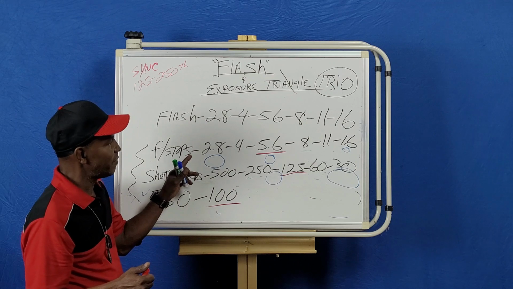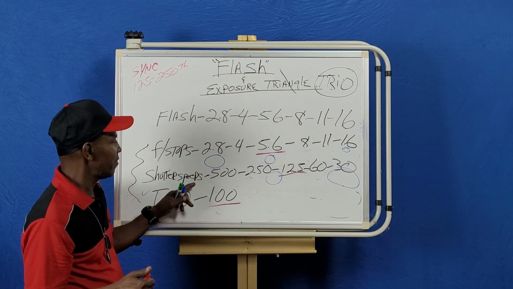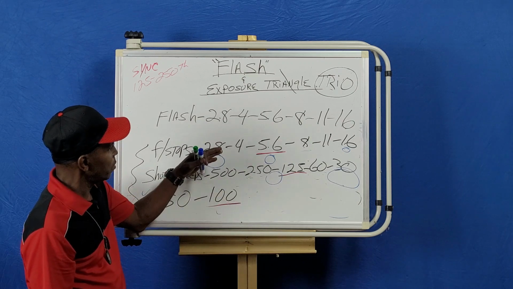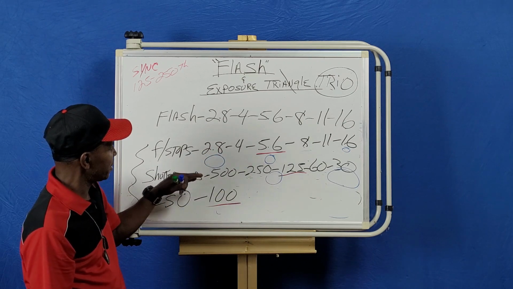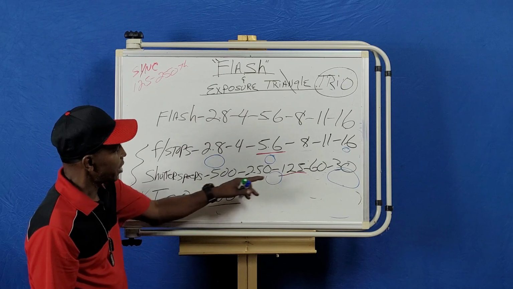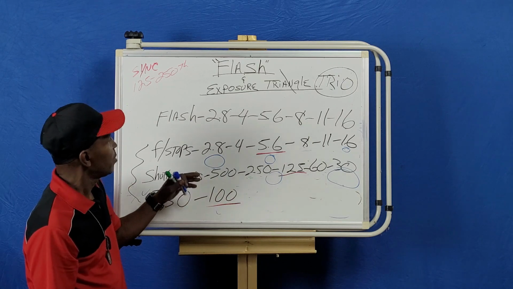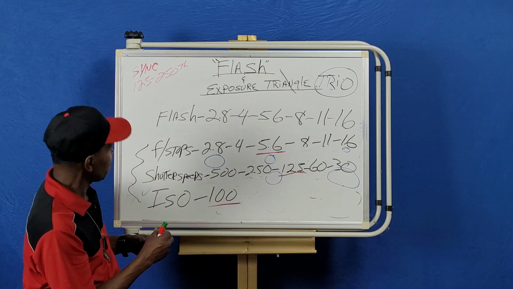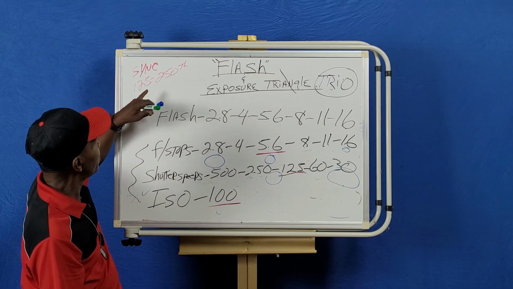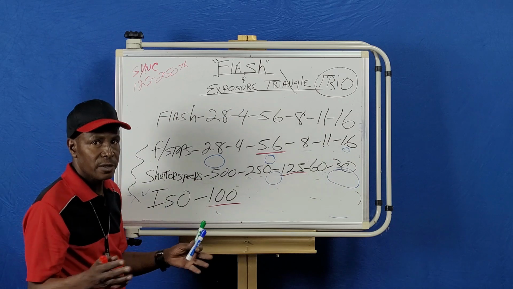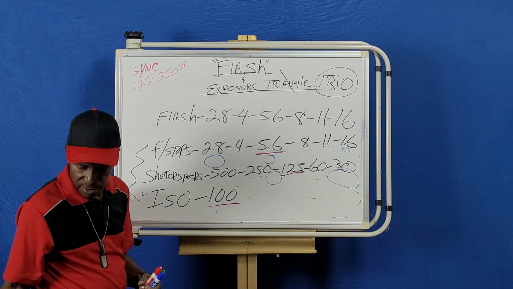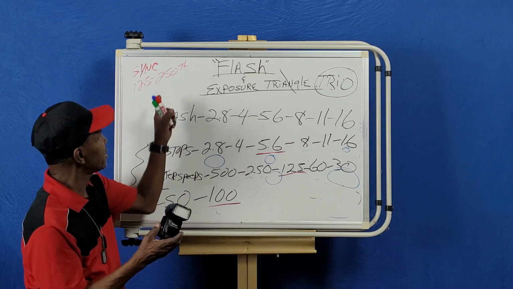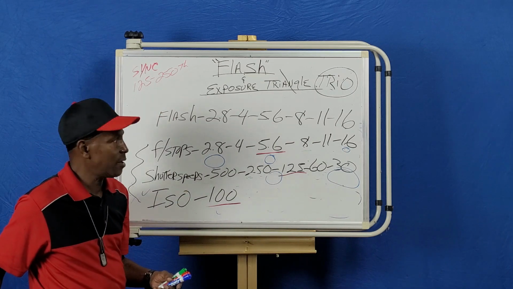It doesn't affect your f-stops, but it will affect your shutter speeds, because when it was just f-stops, shutter speeds, and ISO, you could change that shutter speed to whatever you wanted. But once you pop that flash on, it has a sync speed of either 1/125th of a second or 1/250th of a second, depending on the flash. This particular flash, the SB800, has a sync speed of 250th of a second.